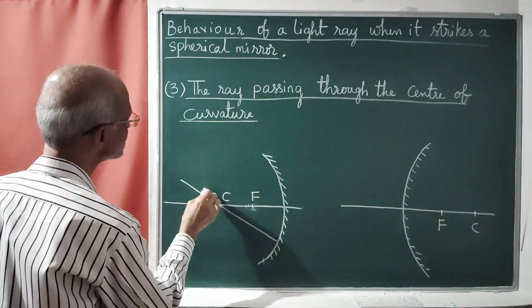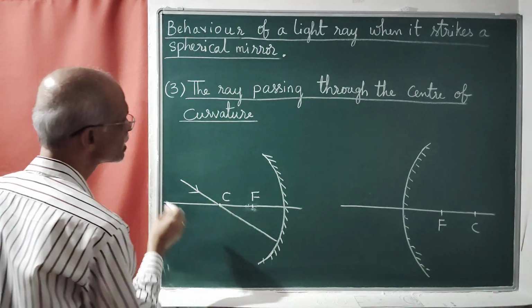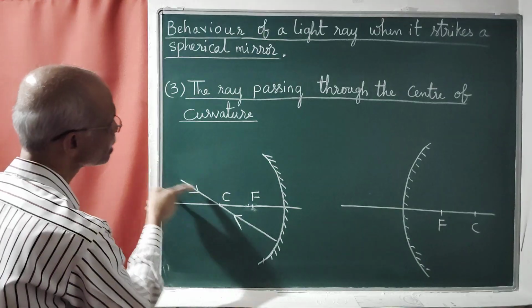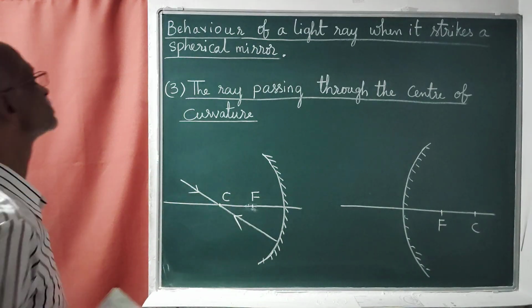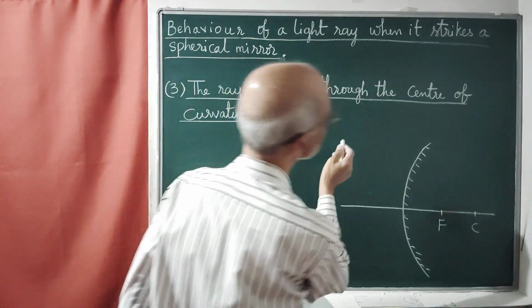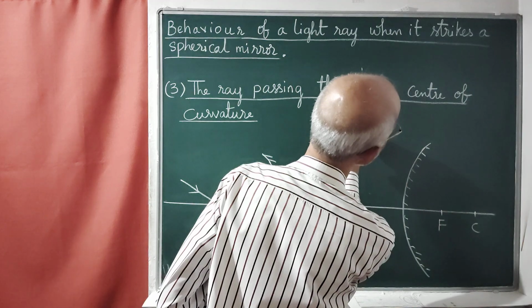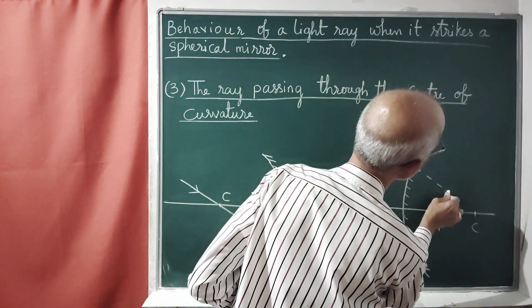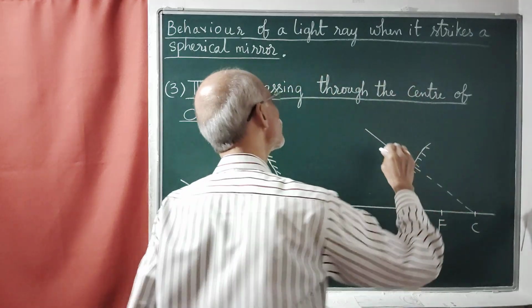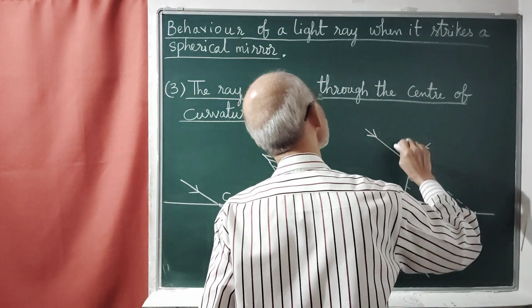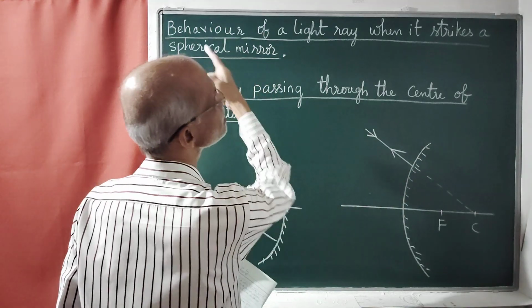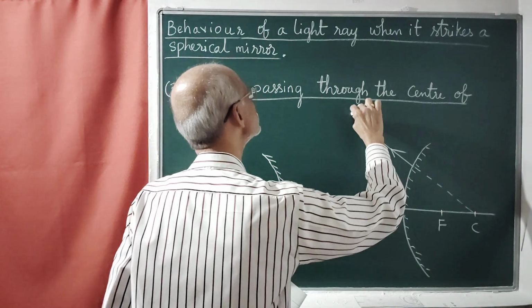After striking the mirror, it will go back along the same path. Here also, the ray that is directed towards the center of curvature will go back along its same path.